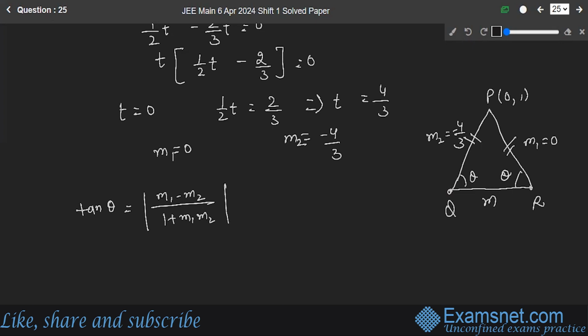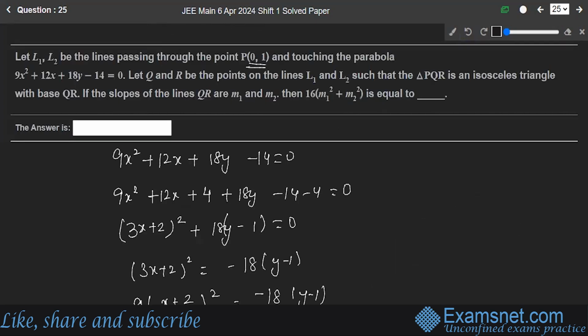Right. So first thing, both our angles are same theta, right? So from this angle, the tangent of angle between these two lines is equal to modulus of m plus 4 by 3 whole thing divided by the modulus of 1 minus 4 by 3 m. Also from here, you have the tangent of angle between them.